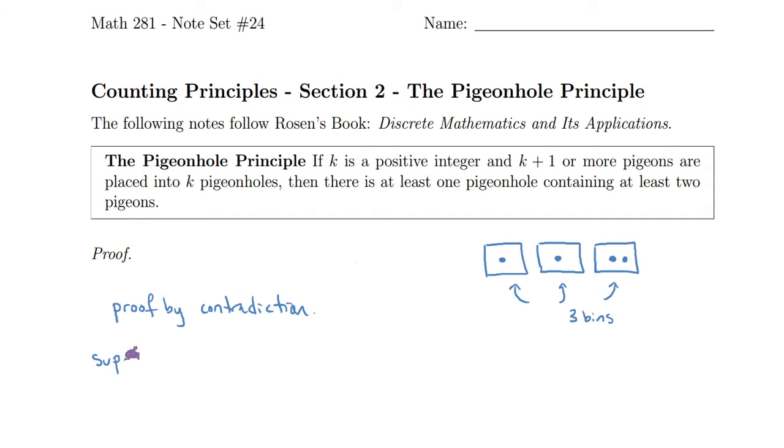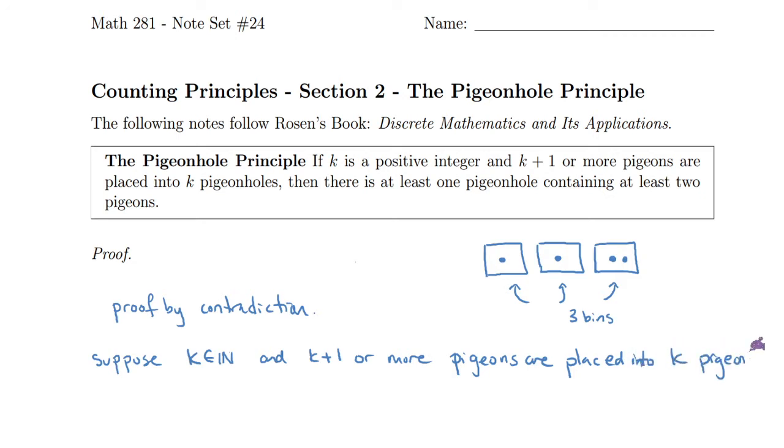So suppose k is a positive integer, and k plus 1 or more pigeons are placed into k pigeonholes. Okay, so if it was a direct proof, we would just have to show there is at least one pigeonhole containing at least two pigeons.